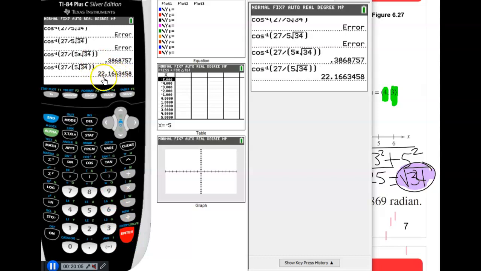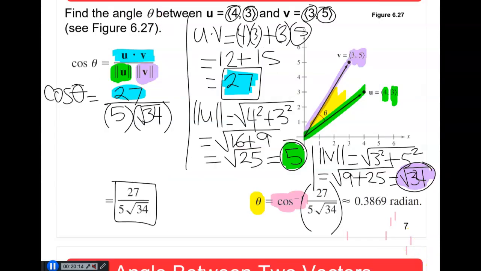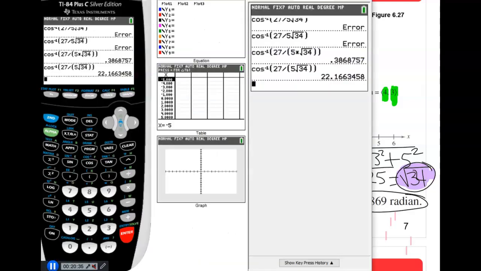In degrees, it will be 22.17 if we round to 2 digits after the decimal. So let's say 22.17 in degrees, and here is the answer in radians. And so what we did on the calculator, just so you're sure, we used extra parentheses around the 5 times the square root of 34, because without it, we got error messages.